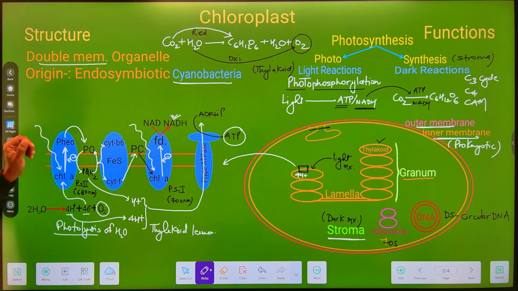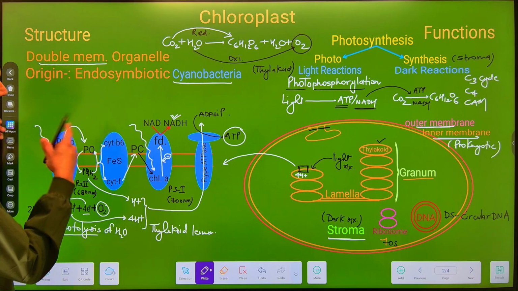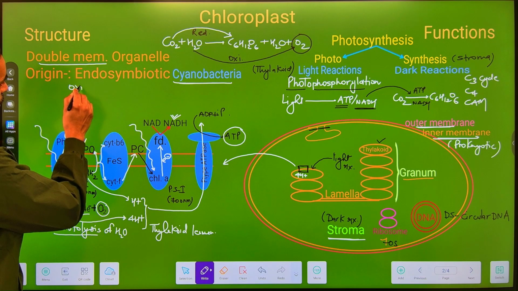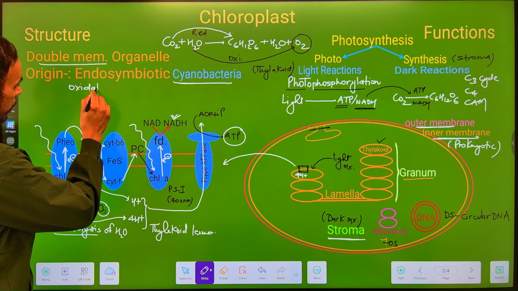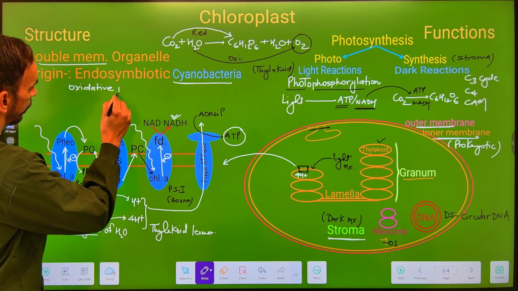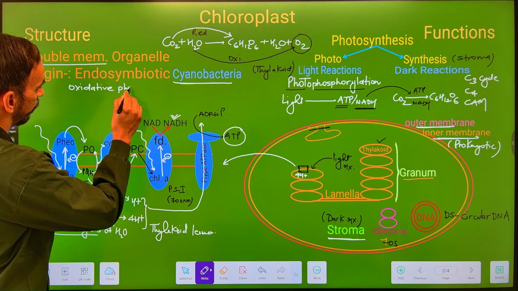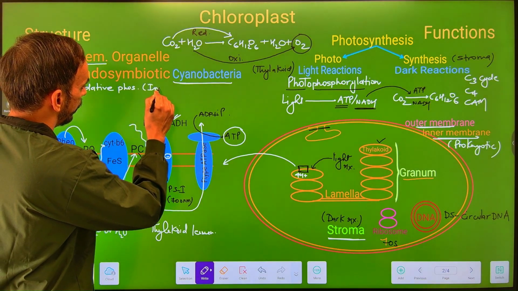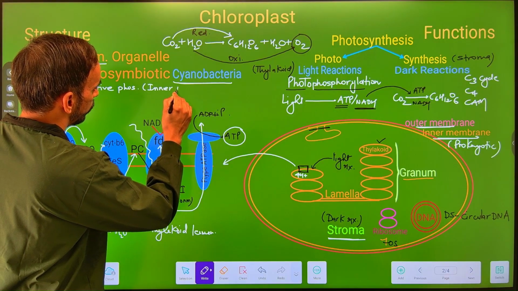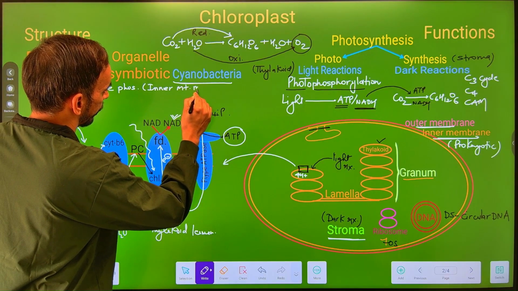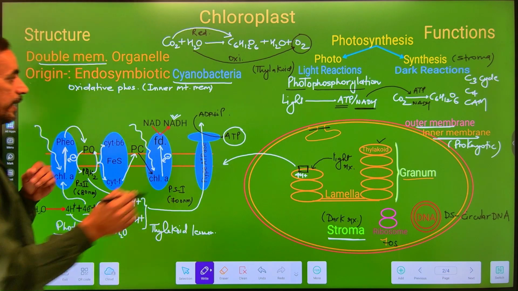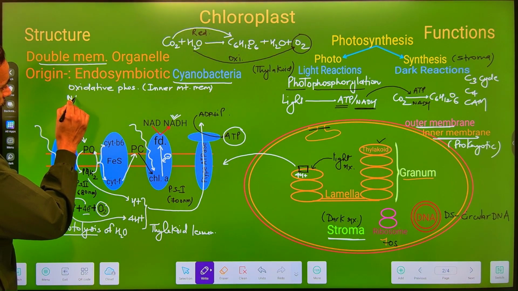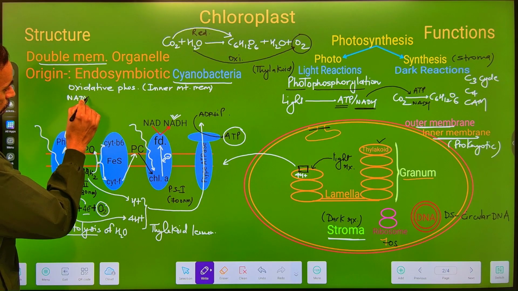Now, if we compare this photophosphorylation process with the process which is known as oxidative phosphorylation, which occurs on the inner mitochondrial membrane. इस प्रोसेस में अपन ने क्या देखा था कि there is a transfer of electrons from NADH or FADH2.